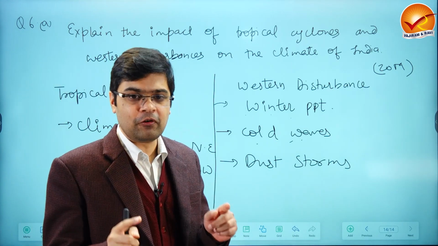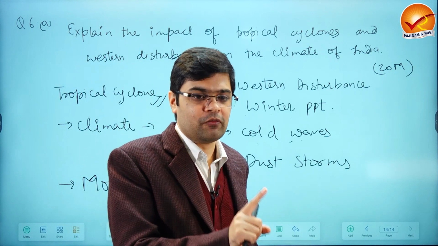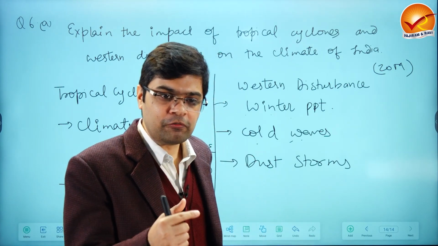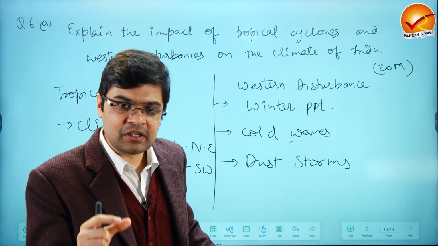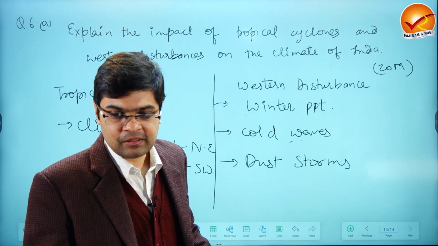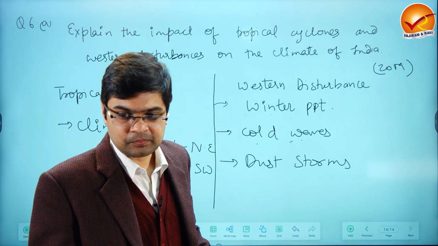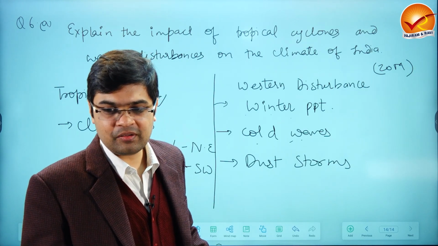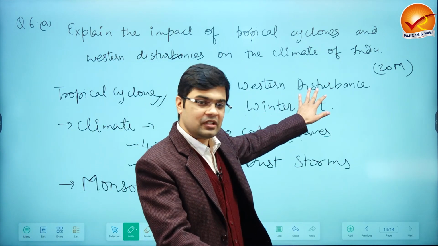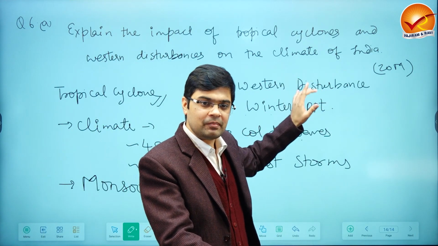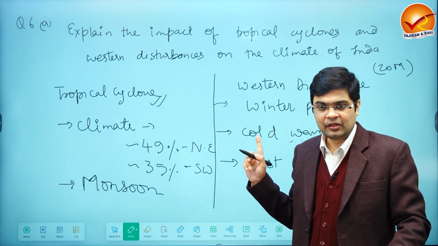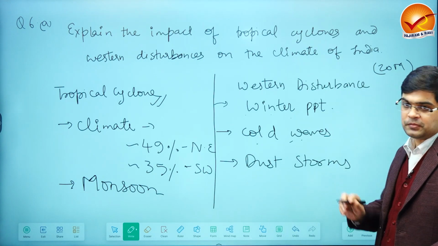One reason for the increased instances of dust storms in 2018 was the frequent arrival of western disturbances in the country, because these are low pressure systems. Okay. See, we are not talking about what is the significance of the disturbance. The question is about how it will impact the climate. Okay. So it is dust storms.